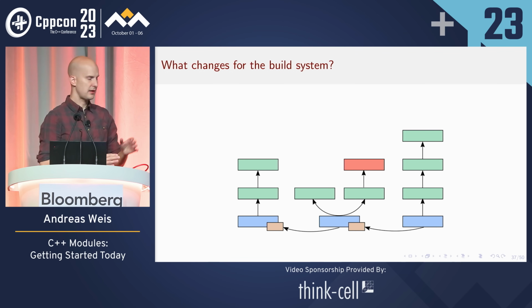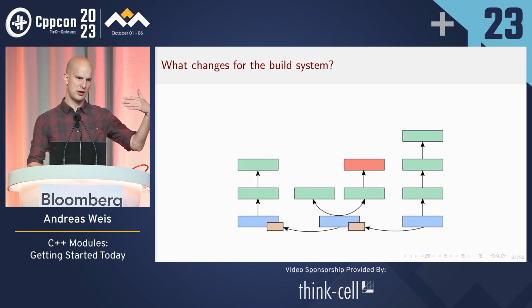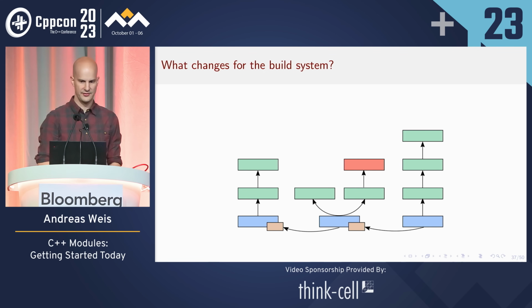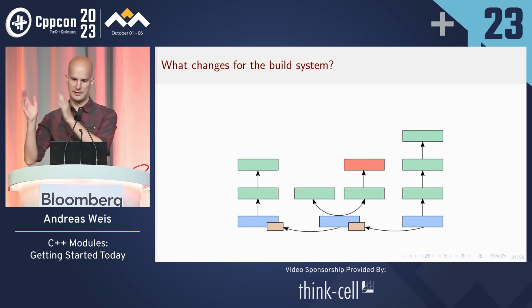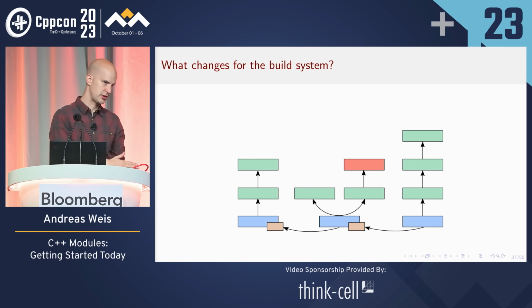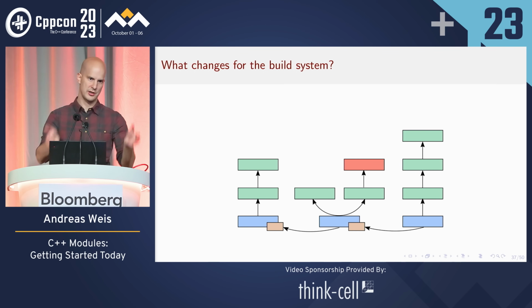So if we touch this header in the middle, that means we can leave the branch on the very left alone. It is not affected by the change, but I need to compile the middle branch, and I need to recompile also the right branch, which depends on it. And I can only start compilation of the right branch once the middle has finished, because of the dependency.